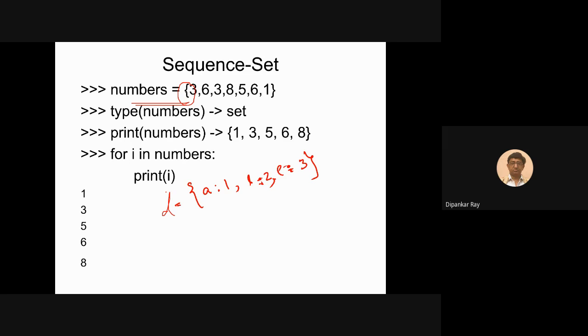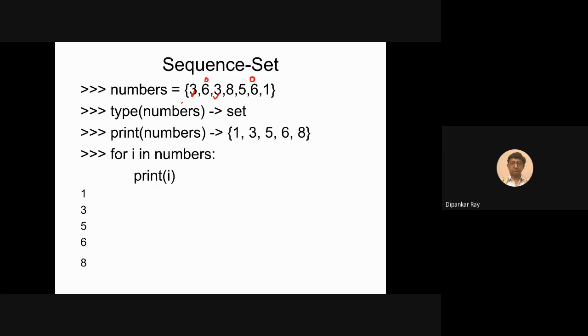So here the numbers are 3, 6, 3, 8, 5, 6, 1. In this case there is repetition, one repetition here, and one repetition here.